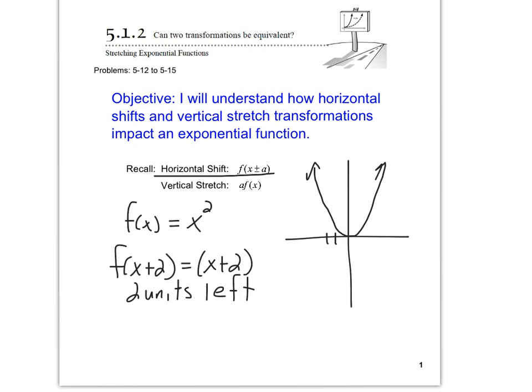So my new function would be moved 2 to the left.